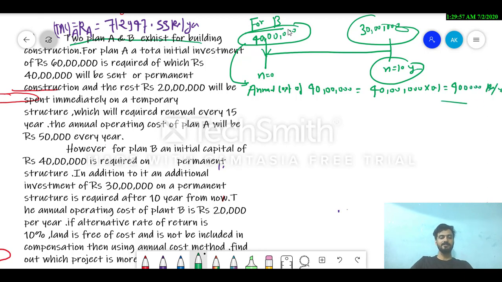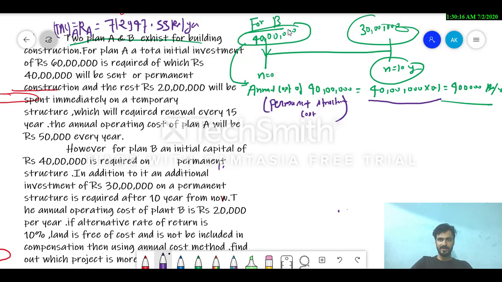Why am I doing this? Because we are going to invest that much amount of rupees for the permanent structure. This is the permanent structure cost.